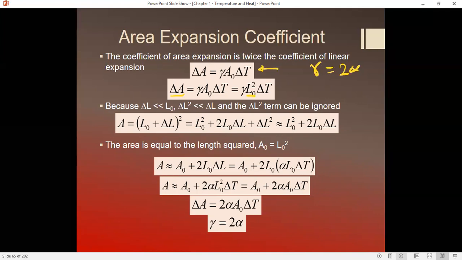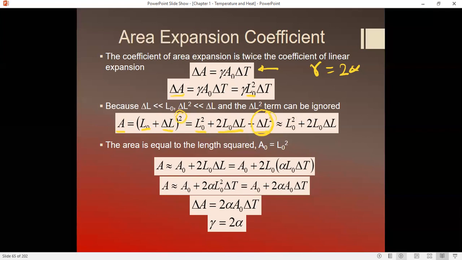So what I'm going to do now is say, the new total area is going to be my original length plus the delta L that I'm going to gain, to the second power. Length times width, but it was a square, so length and width are the same. It's just length times length. Now, if I square this, I get 3 terms. I get the original area, I get this new term right here, and I get this term that's really so small, it can be ignored.